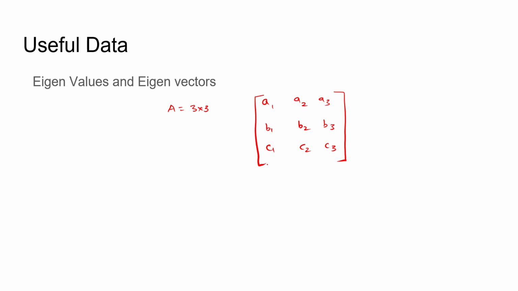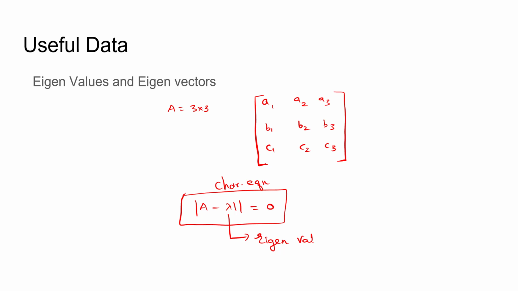The characteristic equation is nothing but the equation which is determinant of A minus lambda I is equal to 0, where lambda is the eigenvalue. If A is a 3 cross 3 matrix, then this equation will be of third degree.